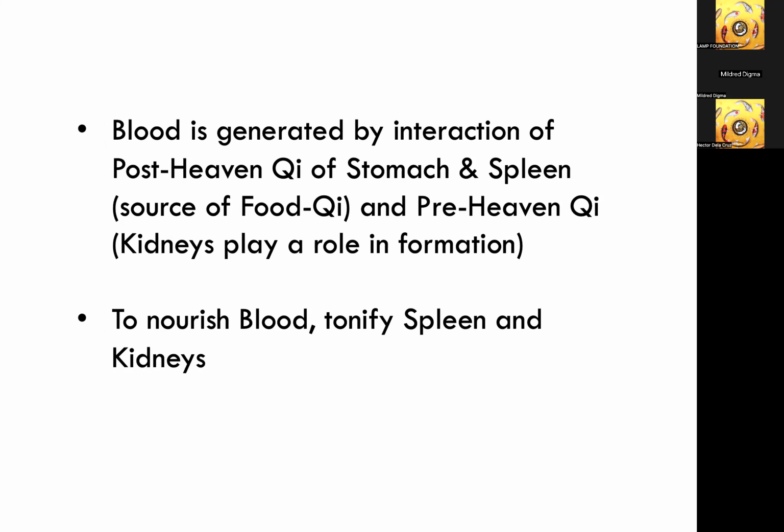Okay. So blood is generated by interaction of post-heaven qi. Ito yung mga kinain natin, mga food, of stomach and spleen, yung source of food qi. And pre-heaven qi, kidneys play a role in transformation. So to nourish blood, siyempre tonify the spleen and kidney.